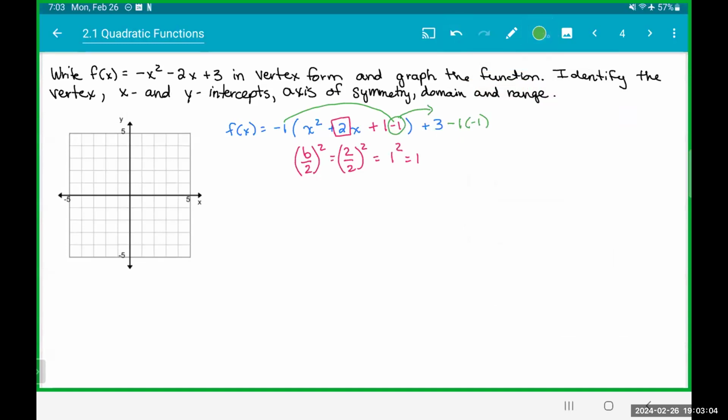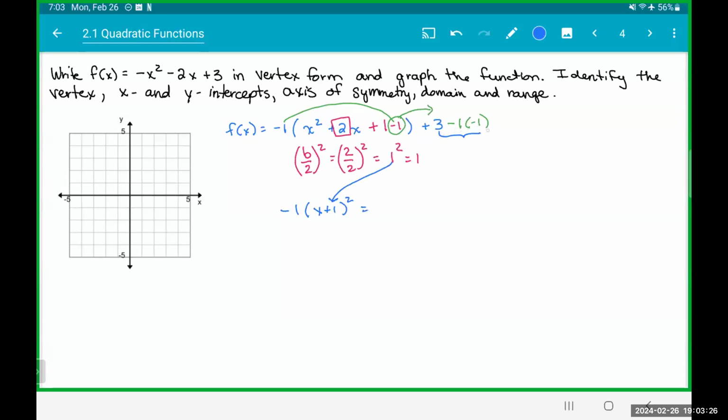So that gives me my new equation of negative 1 times x plus 1 squared equals 3.